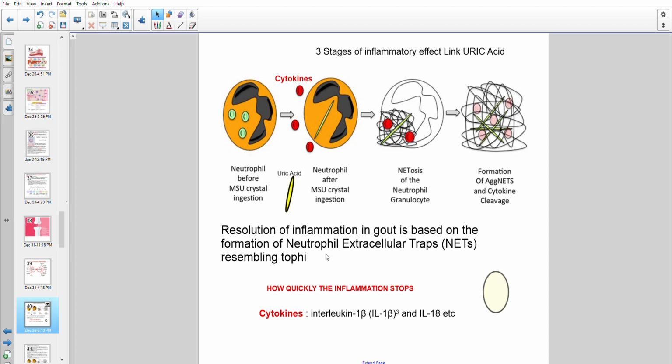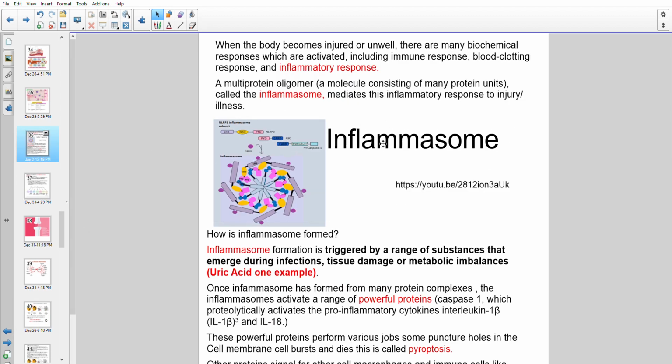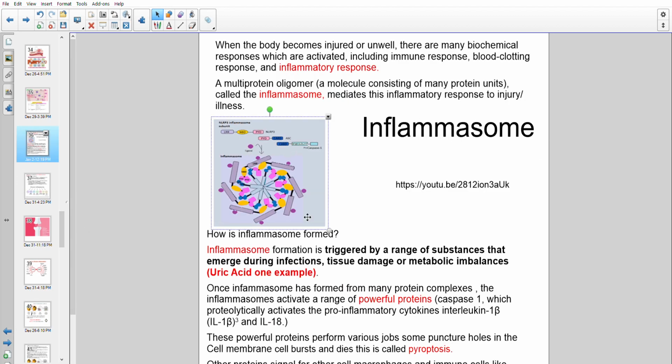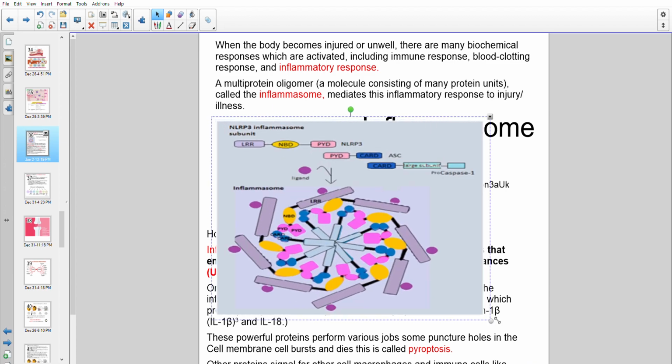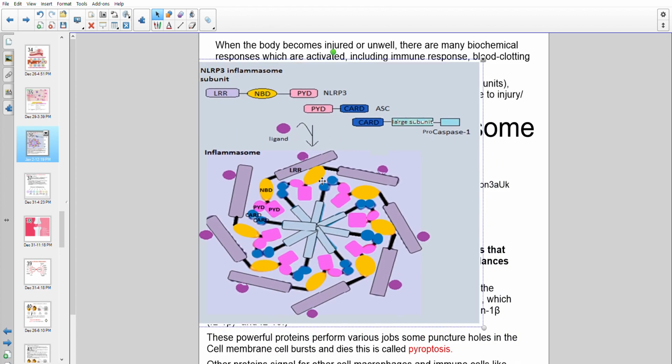Okay, in the previous tutorial we talked about inflammation, and in particular what initiates it. Here are the 3 stages with uric acid in mind, but the biggest one is this thing called the inflammasome, a very complicated molecule made up of many other proteins.